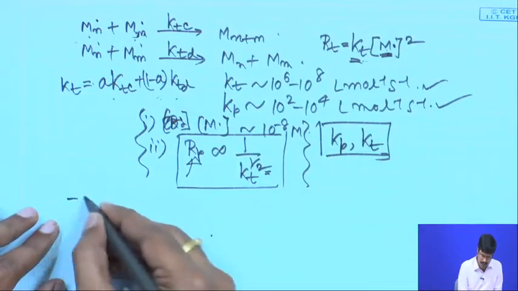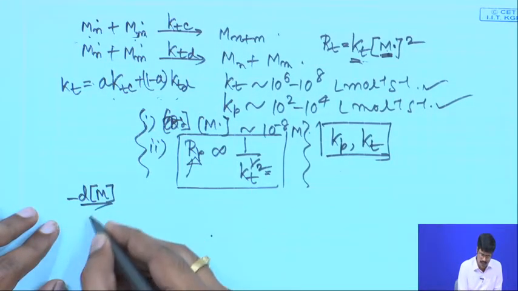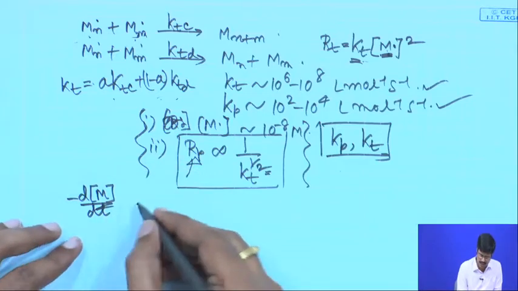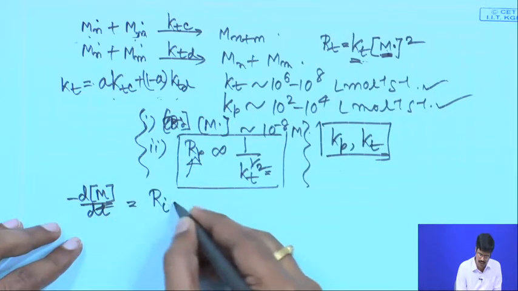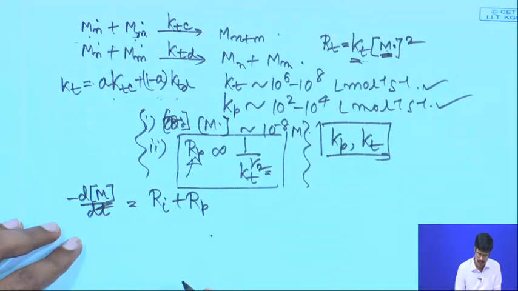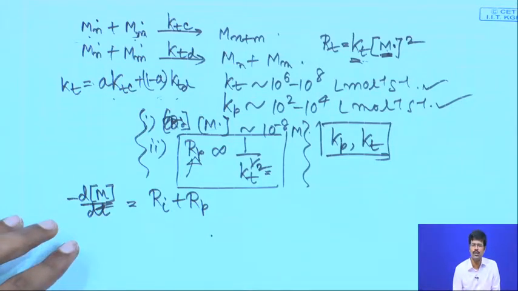So, if you look at the rate of monomer disappearance, which is the rate of your reaction, that is nothing but equal to rate of initiation plus rate of propagation. Initiation step has two stages, I told you. Your initiator species is in the first step dissociating, in the second step the dissociated species, which is your initiating radical, reacts with a monomer to produce M1 dot, which is your chain initiating species.